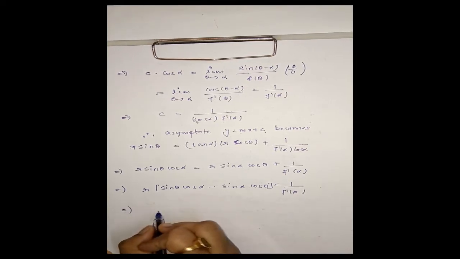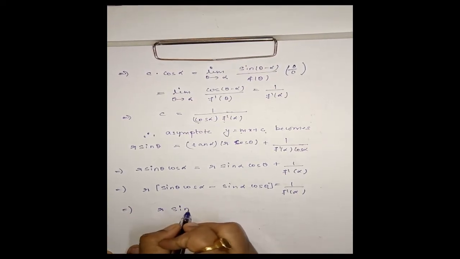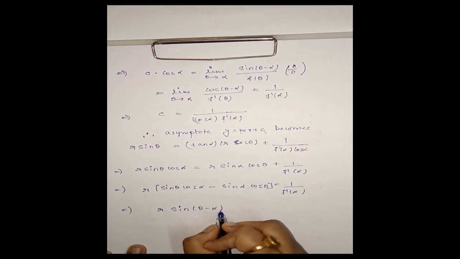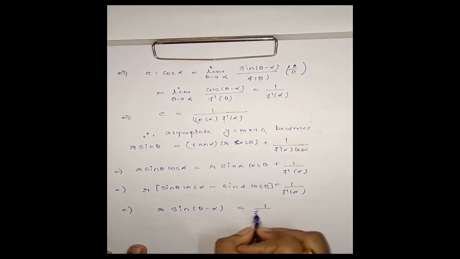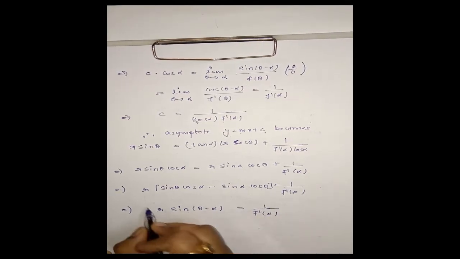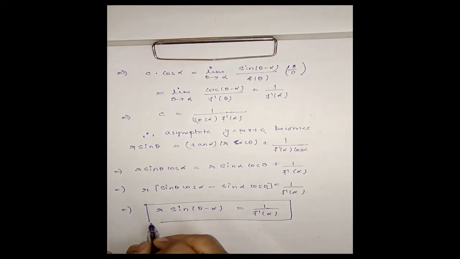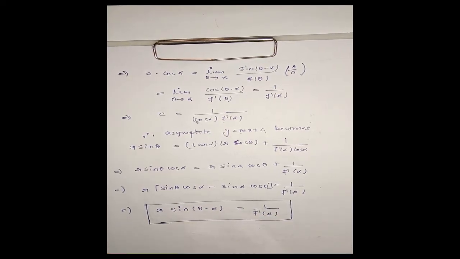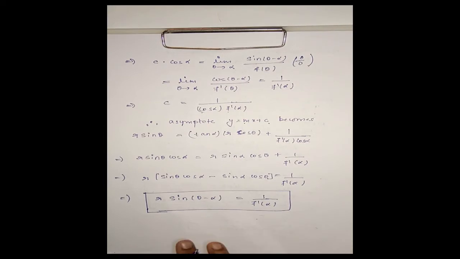On simplifying, I can write this as r sin theta minus alpha is equal to 1 upon f dash alpha. Therefore, the asymptote of a polar curve is given by r sin theta minus alpha is equal to 1 upon f dash alpha. This is the asymptote of polar curves.